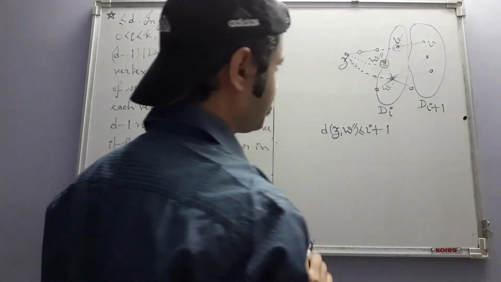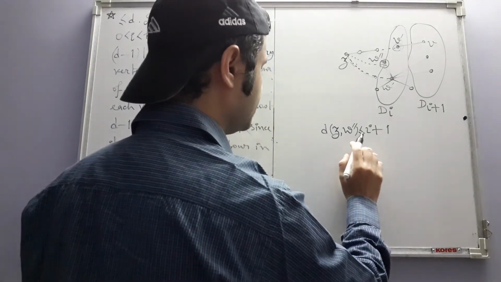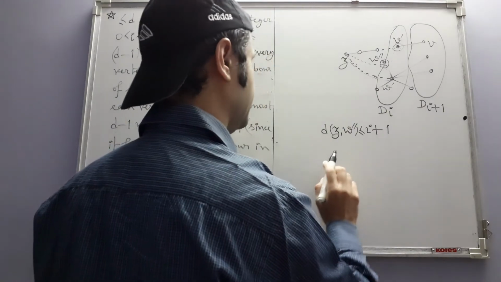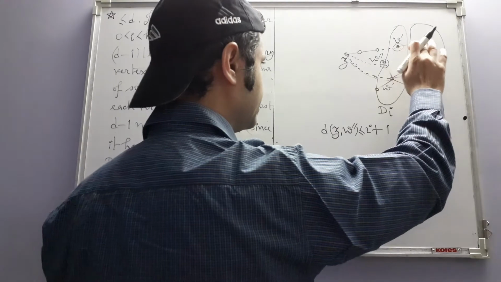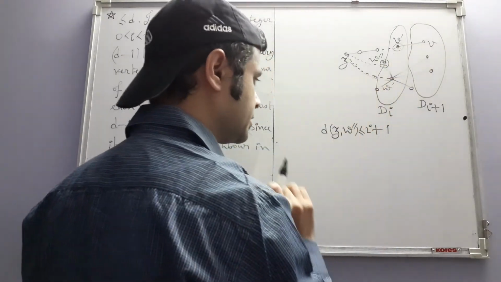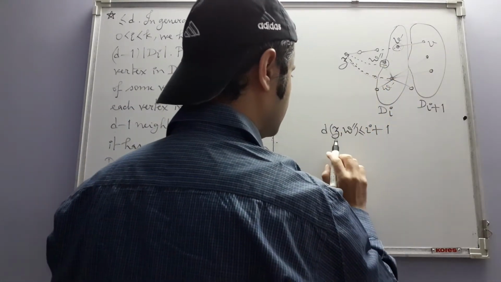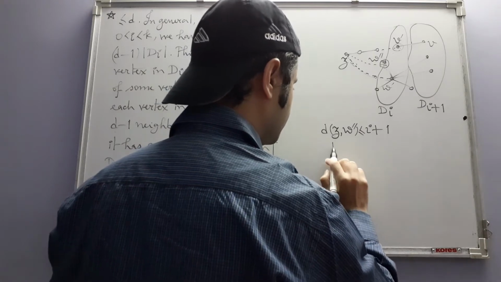Now if it happens that this distance is, okay, it can be I also, no? I said it should be either I plus 1 or I minus 1. That is not necessarily true. It can be I also.